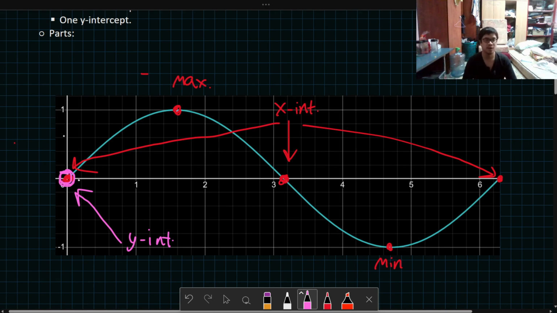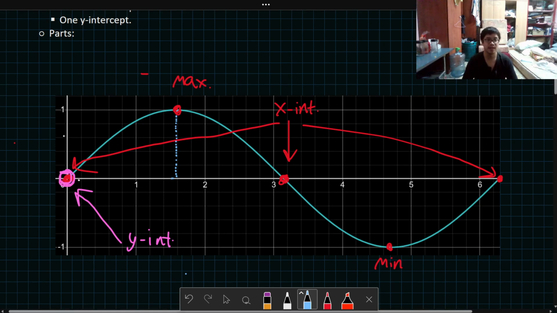Okay, so there are other parts actually. And what are those? One, we have what you call the amplitude. What is amplitude, by the way? When you say amplitude, it's basically the distance between the middle part of the graph up to the maximum point or the minimum point.